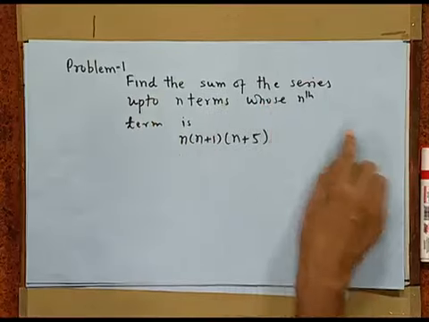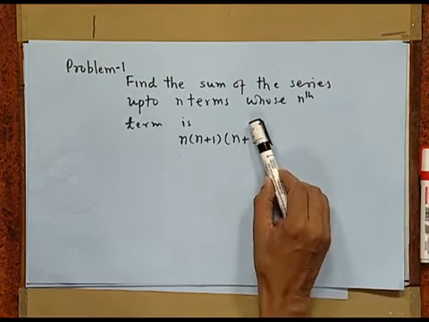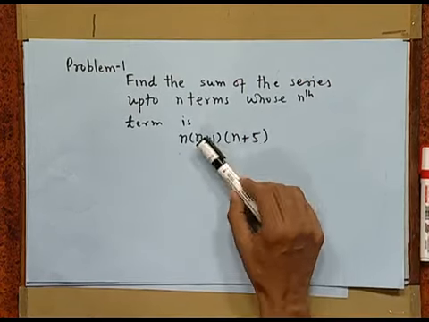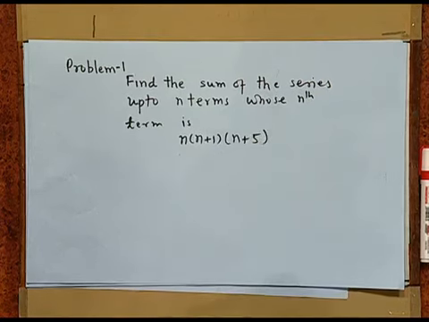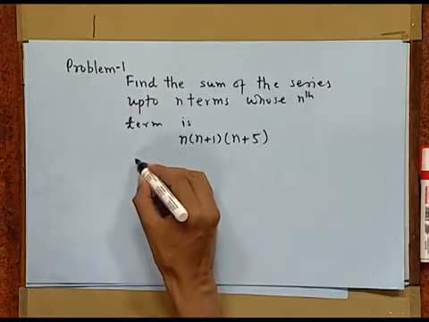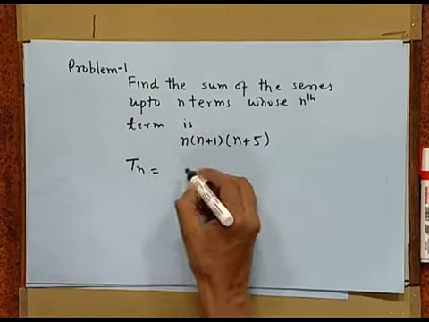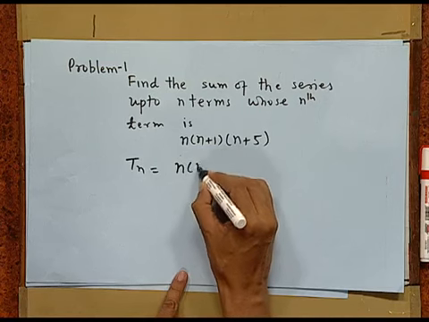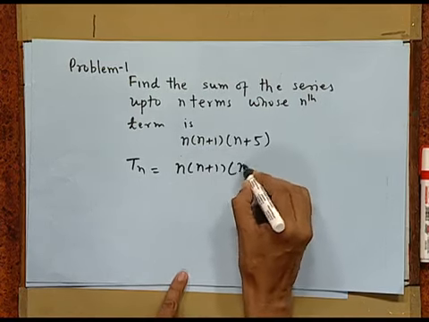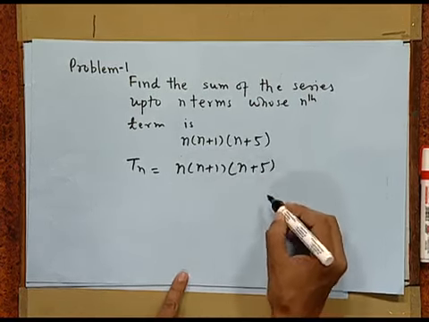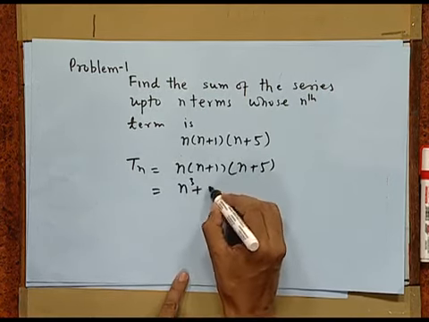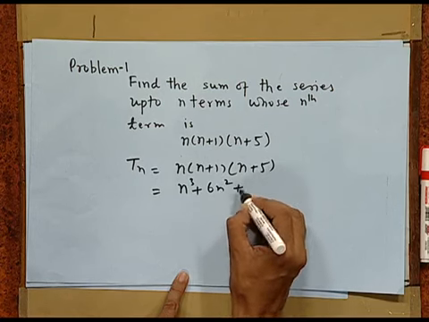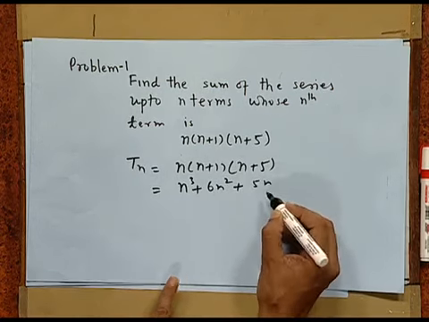Find the sum of the series up to n terms whose nth term is n times n plus 1 times n plus 5. So in this problem the nth term is given to us. So we have Tn is equal to n times n plus 1 times n plus 5, which equals n cube plus 6n square plus 5n.